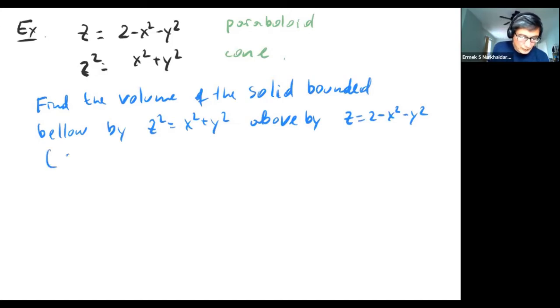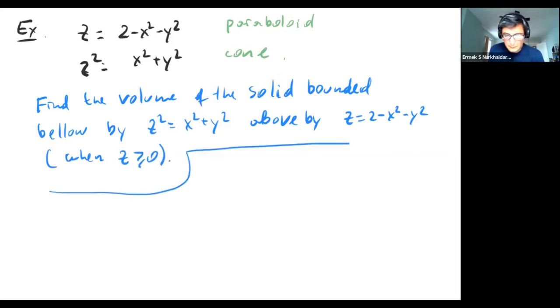And we'll assume z is positive. So we have a paraboloid and a cone, and we are concerned only with the upper half, where z is positive, so we don't worry about what is happening below.